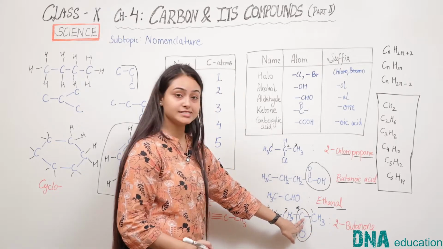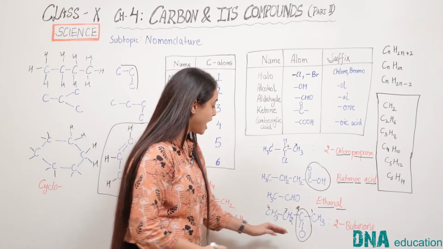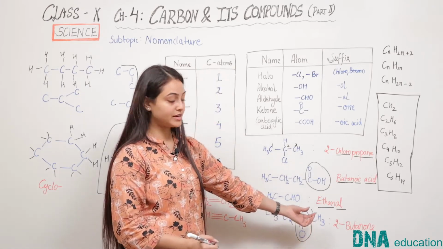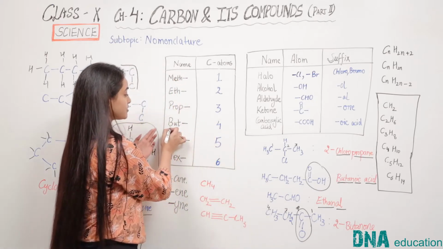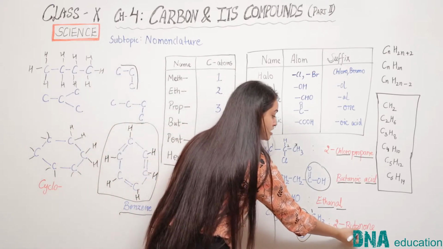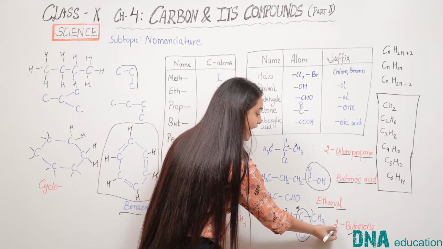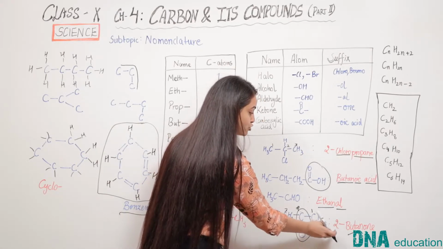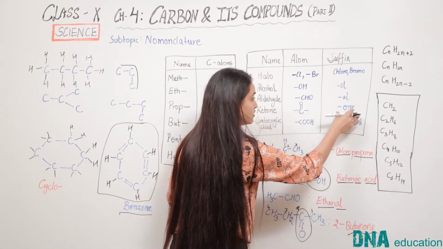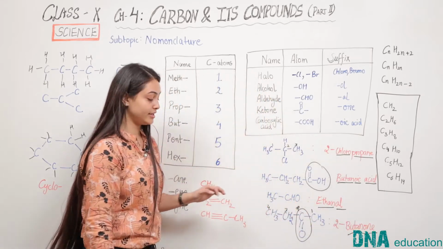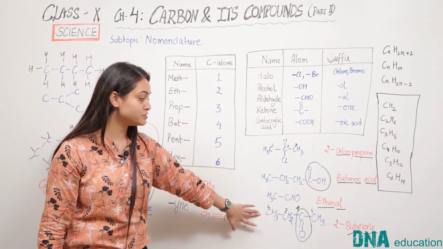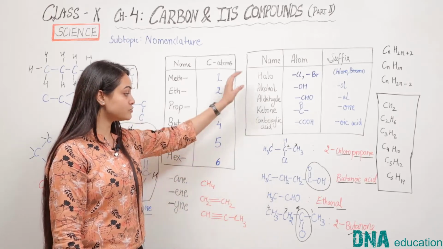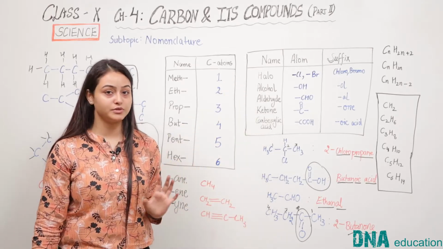So we see that at the second carbon it is a ketone and it has a total of 4 carbon atoms. Hence we will use the prefix but and we will add 2. We have added the suffix one. So the name of this compound becomes 2-butanone. In this way we can name the various carbon compounds.